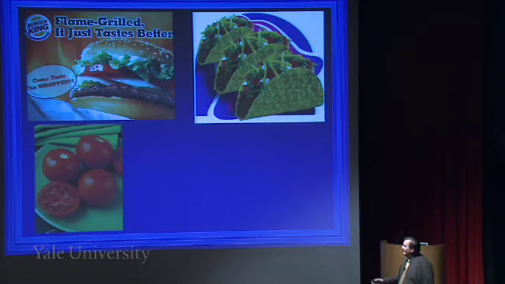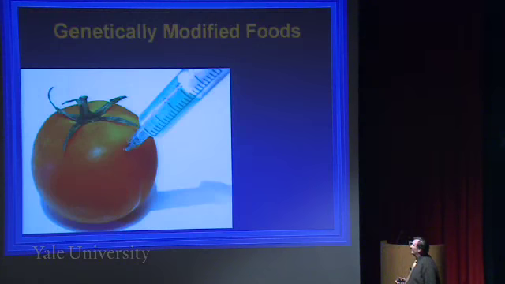So the fact that there's a market for these foods creates a market for those tomatoes. And the only way to meet that demand is to create tomatoes with certain properties. And that's where you get the differences between an heirloom, locally grown variety and the mass-produced varieties from somewhere else. So that leads us to the discussion of genetically modified foods.